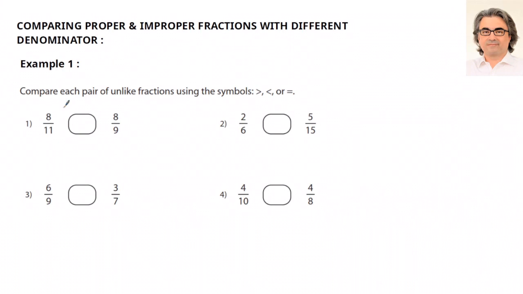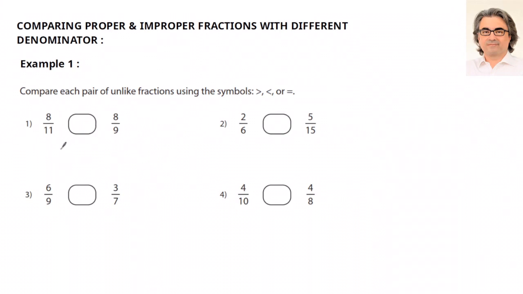Now the second subtitle here, comparing proper and improper fractions with different denominators. Now, if denominators are different but numerators are equal to each other, like in the first example, here denominators are different but numerators are equal.